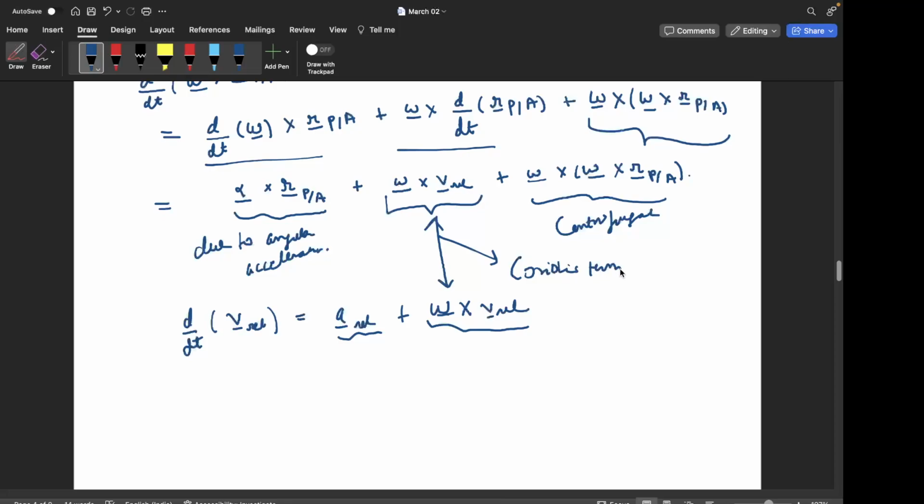right? So have you heard of the Coriolis effect in your geography classes in school? You would have heard this term, that when Earth is rotating, the wind streams which are moving in the atmosphere get deflected, and they get deflected in opposite directions in the northern hemisphere and the southern hemisphere, right? And that effect you studied as the Coriolis effect.